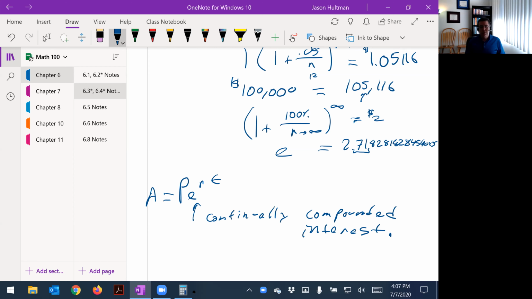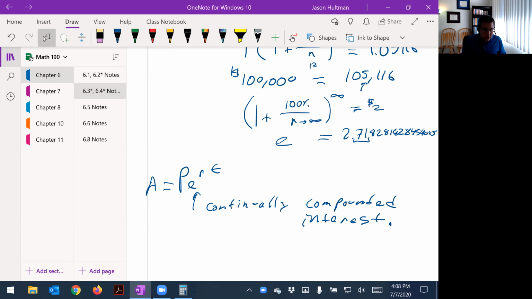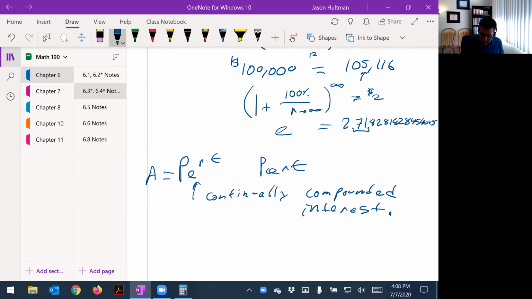Boom. If you want to continually compound interest in an account, you ask for a PERT account. It's called a PERT account, P-E-R-T. That's a continuously compounded interest account in business and finance.